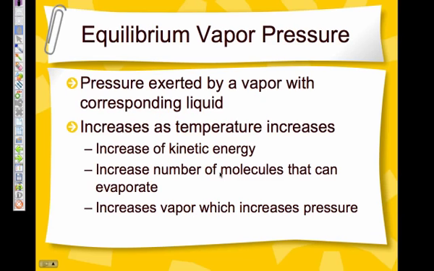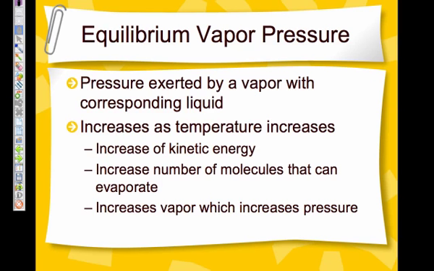Okay, equilibrium vapor pressure is when the pressure of the vapor above the liquid is equal to the atmospheric pressure. The vapor pressure is just the pressure that's exerted by the vapor on the liquid. And this will be important when we talk about boiling point.